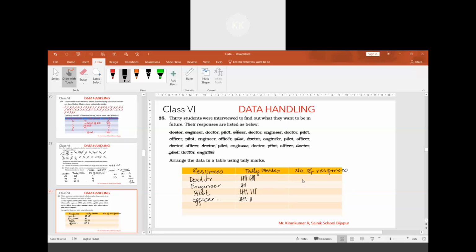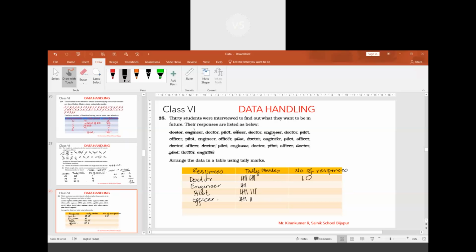So here 10 are the total responses for doctor, five for engineer, six for pilot, and five for engineer.